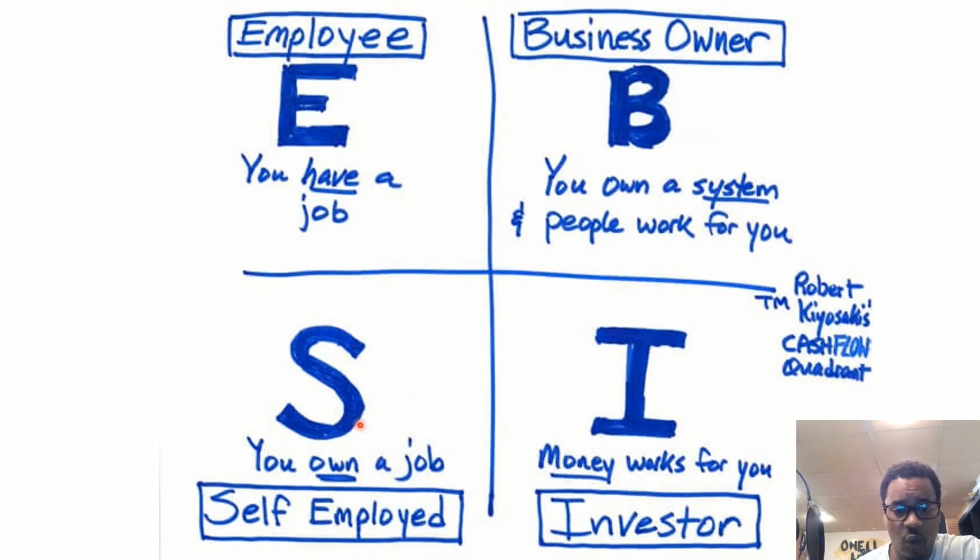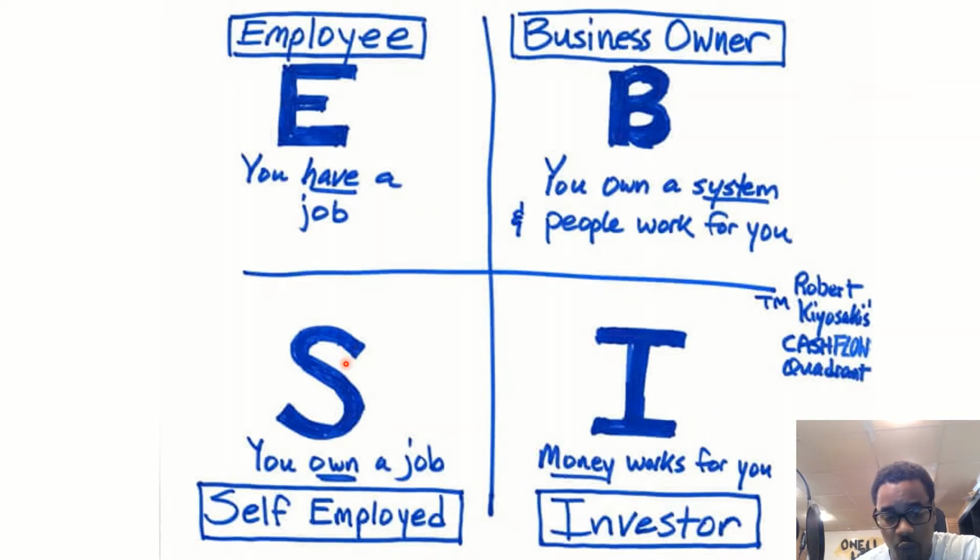Then we have our S quadrant, okay, so it's self-employed. It's sort of like an employee, but you just own your own job. So a lot of mom and pop stores, or people who have to be present at their business in order to run or generate money, they're pretty much a slave to their own business.